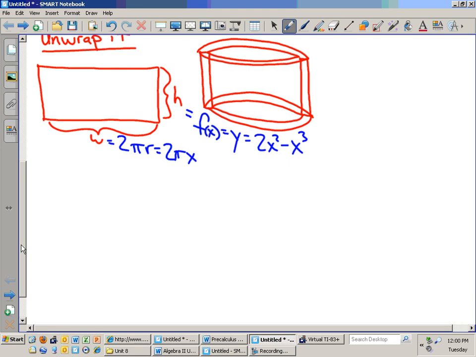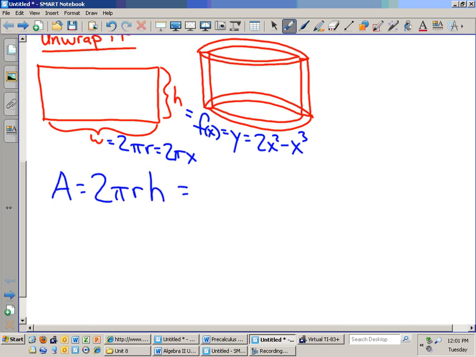So how do we figure out the area of that shape? If you guys know, the area of a label that's wrapped around a cylinder is 2 pi times r times h.